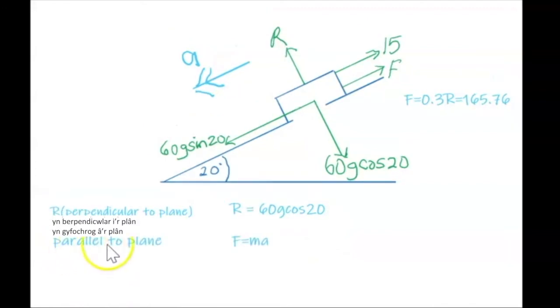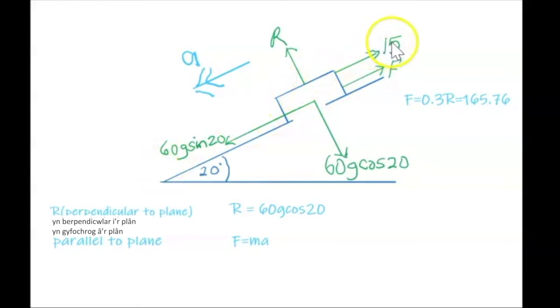If we now consider parallel to the plane and think about Newton's second law, which is force equals mass times acceleration, we know the acceleration is down the plane. We know the mass is 60, and we want to know what force is helping this acceleration. So the 60g sin 20 is helping the acceleration.